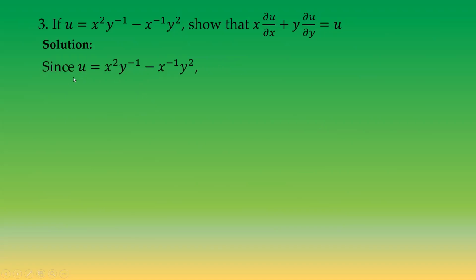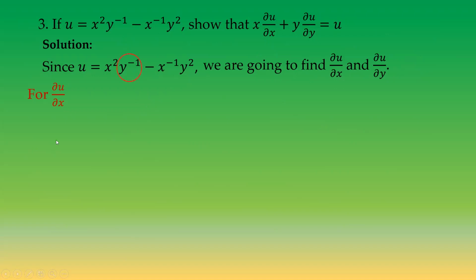So since u is equal to x squared, y raised to negative 1 minus x raised to negative 1 y squared, we are going to find first the partial derivatives with respect to x and with respect to y. So magsimula tayo doon sa partial derivative of u with respect to x kasi kailangan mo yan sa equation.